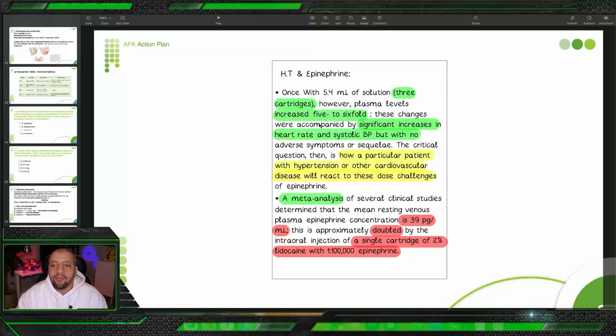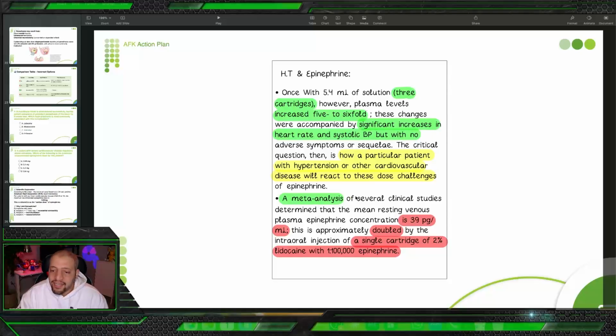These changes were accompanied by a significant increase in heart rate and systolic blood pressure, but with no adverse symptoms or sequelae. So if you give your patient 3, he will not die on your chair, but you have subjected this patient to a huge increase in his blood level of epinephrine, and this will end up with a significant increase in heart rate and blood pressure.